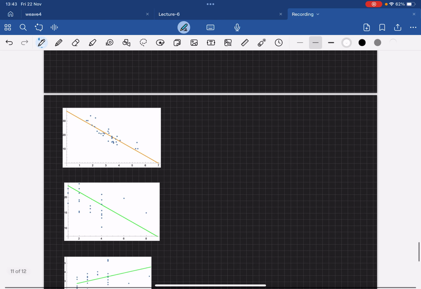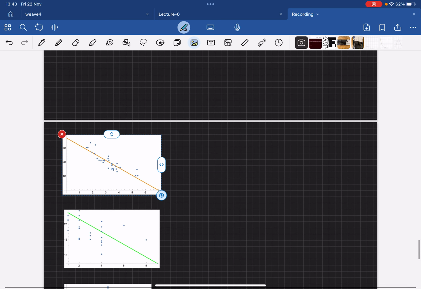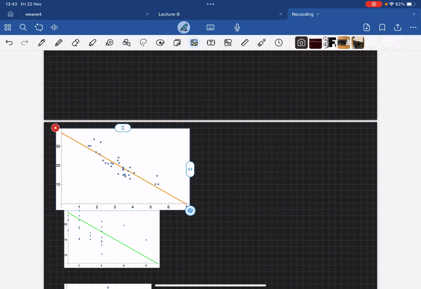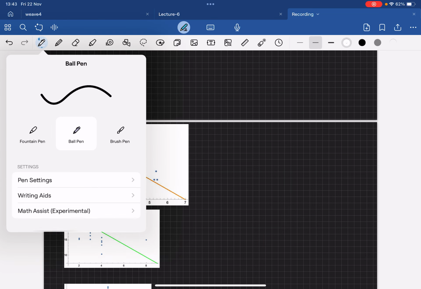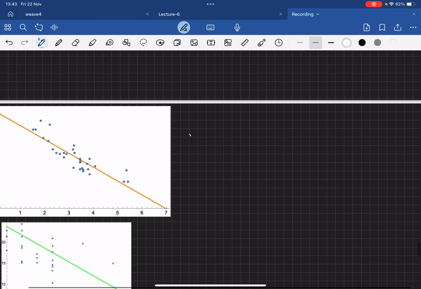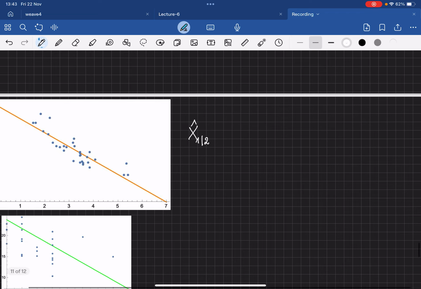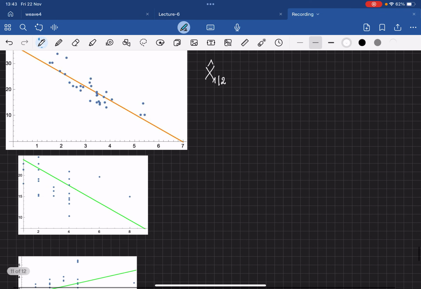Here we have pictures. The first regression is the same as we had already seen, x1 with relation to weight.